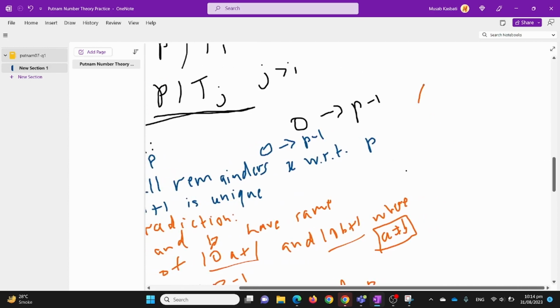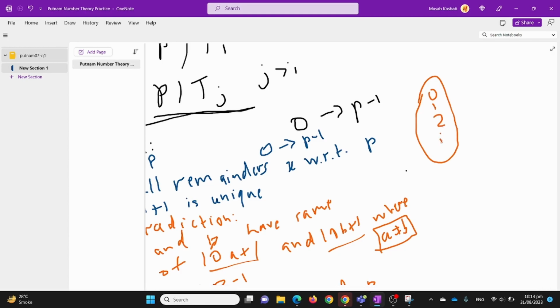Which means that if I were to draw this set where it's 0, 1, 2, dot, dot, dot, p minus 1, so these are all the possible remainders, and then on the right hand side again we have all the possible outputs, which are also just remainders.